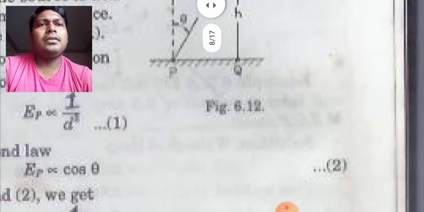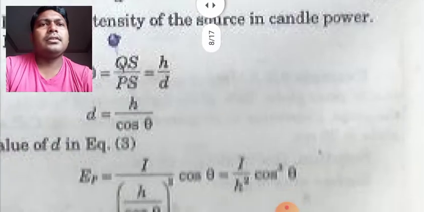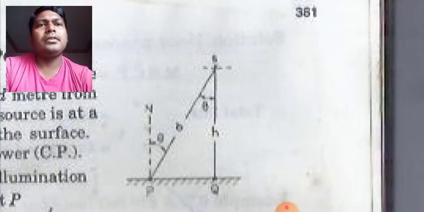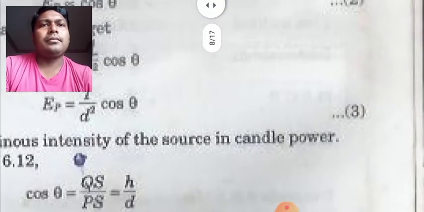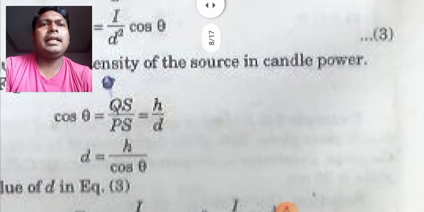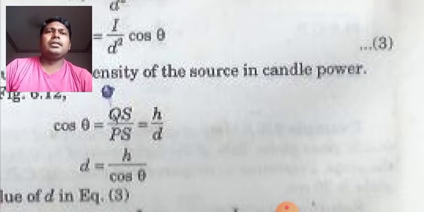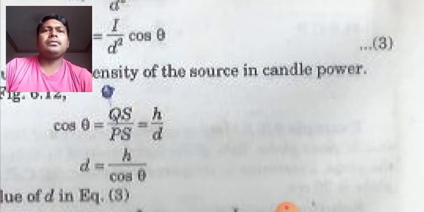From the figure you can easily understand what cos theta will be. Why h? Because QS is equal to h, small h, and PS is equal to small d. So simplifying this equation, d is equal to h divided by cos theta.